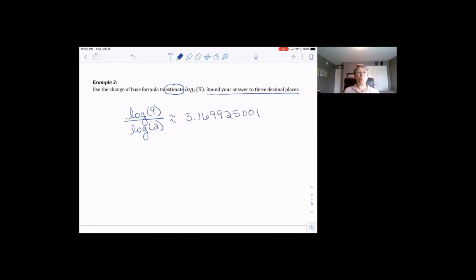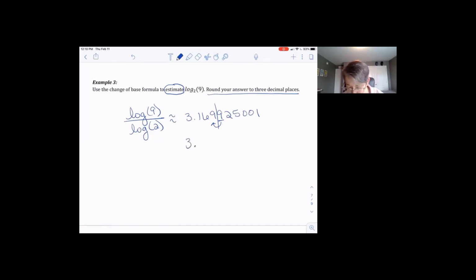3.169925001. But some of us have been getting our homework problems wrong, not because we're doing the work wrong, but because we're not rounding our answers correctly. So when it says to round to 3 decimal places, 1, 2, 3, we still have to look at that next number and round up. Granted, if we look at it like hundreds, 169 is going to round up to 170 or 0.170.